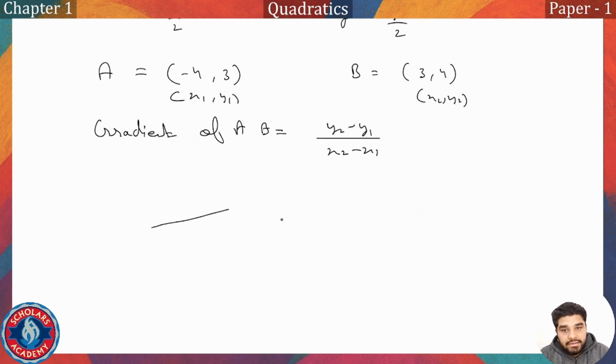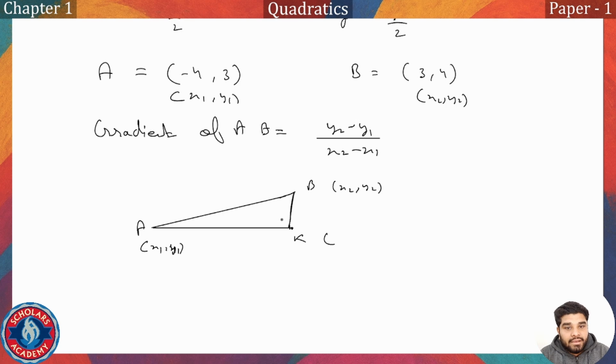Because this is line AB, so if this is A, this is B, and let's say this is point K. So if this is x1 comma y1 and this is x2 comma y2, this particular point will become x2 comma y1.